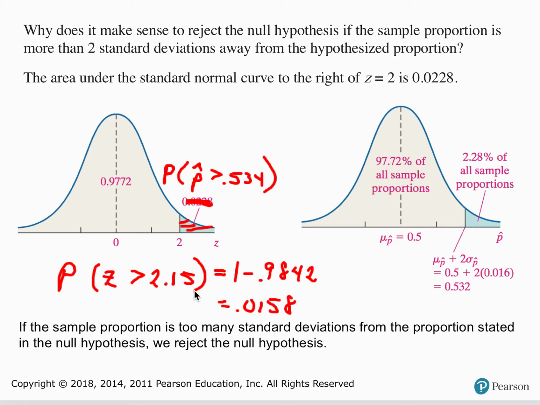So what we want to take from this is that the classical approach just looks at standard deviations, and the p-value approach looks at probabilities. That's the difference between those two.